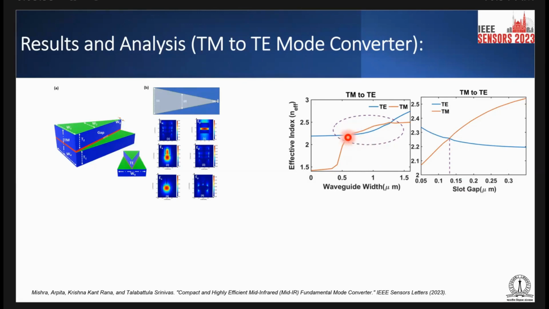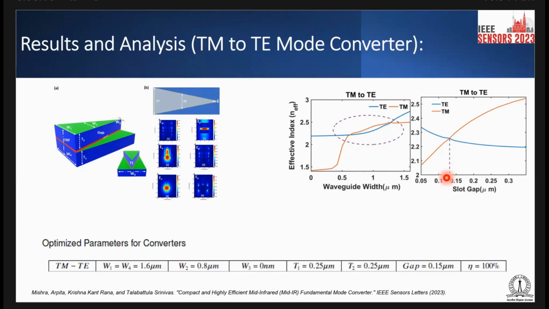So we can use this region where the TE and TM modes can be converted, because these are hybrid modes at this point. The same thing happens at a slot gap below around 0.15. These are the optimized parameters which we have used for the converter.